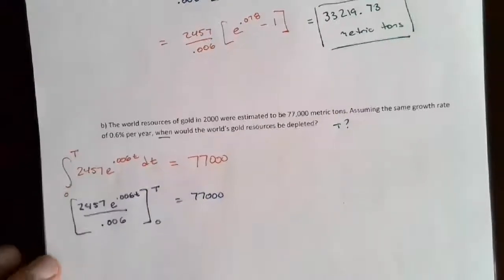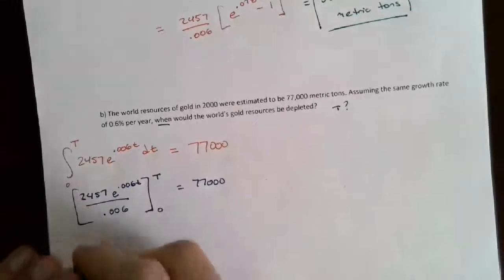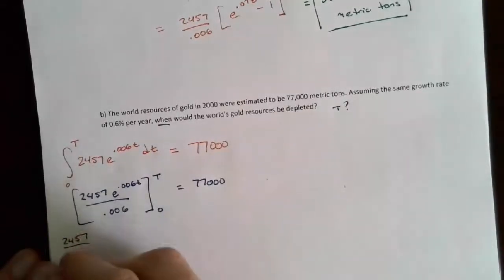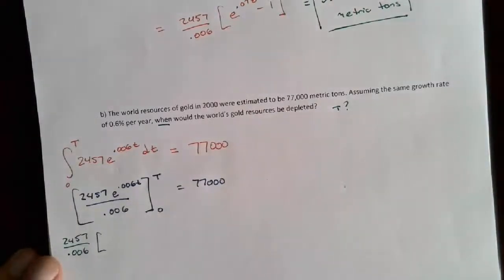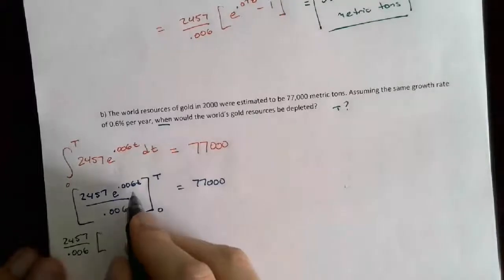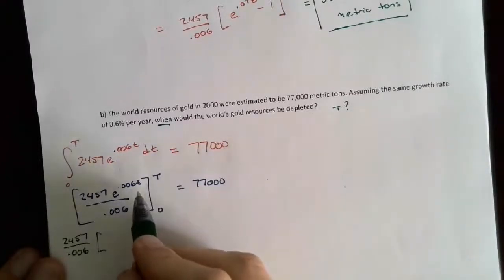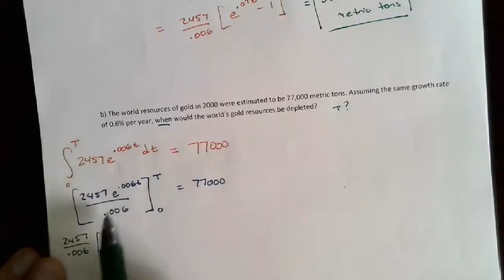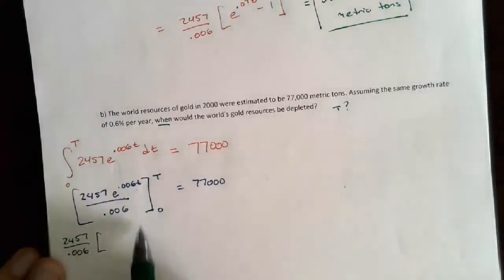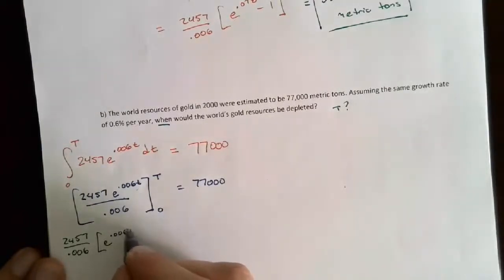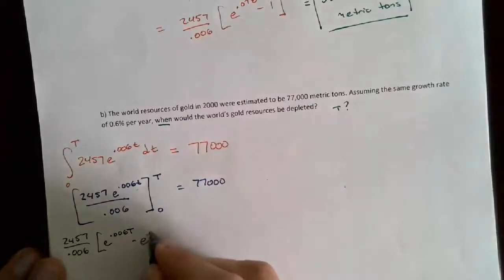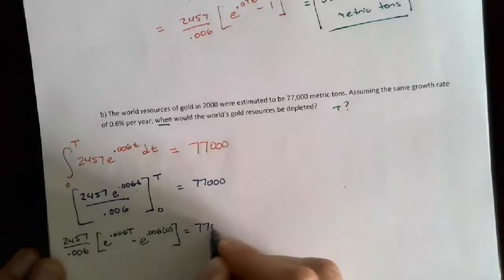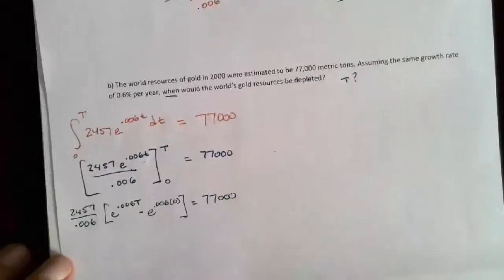And then you want to do what you normally would. We can factor the constants to the front, so I have 2457 over 0.006 times e to the 0.006t. I'm going to substitute in as we go. I think we've done enough of these now that you understand that, and with the limits of integration, subbing in the upper limit gives e to the 0.006 capital T minus e to the 0.006 times 0, equals 77,000.